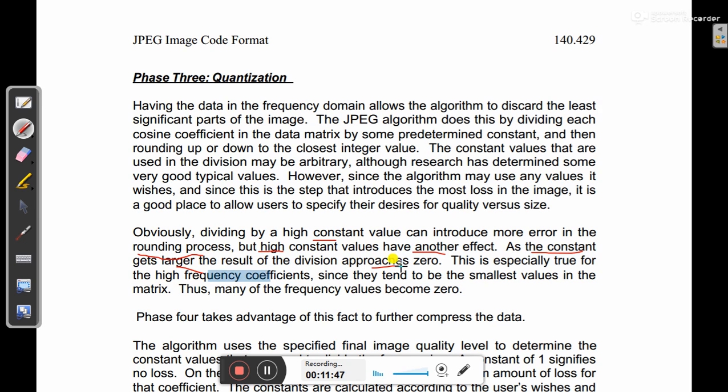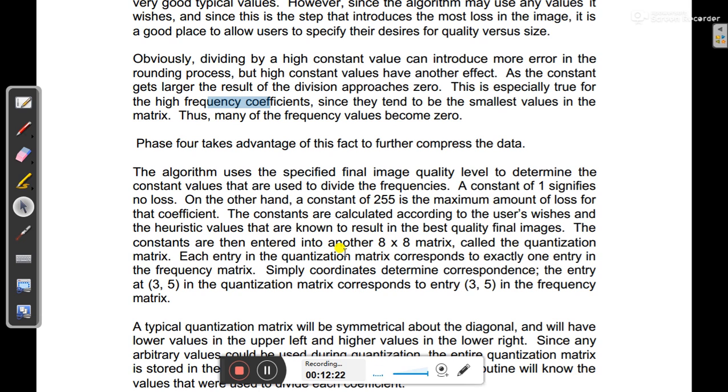So if that constant value is higher, then the division approaches zero. This is especially true for the high frequency coefficients, since they tend to be the smallest values in this matrix. Thus, many of the frequency values become zero. So in that way we might create some good algorithm also.